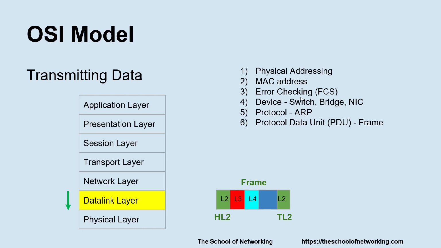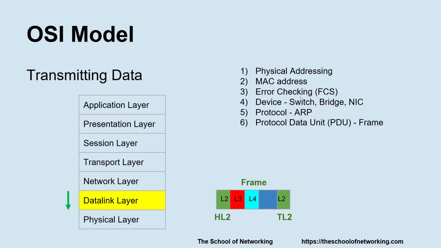The protocols at layer 2 are ARP, Edge, 2G, 3G, 4G, and PPP. When the layer 2 header and trailer are added, this is referred to as a frame. So the PDU at layer 2 is the frame.